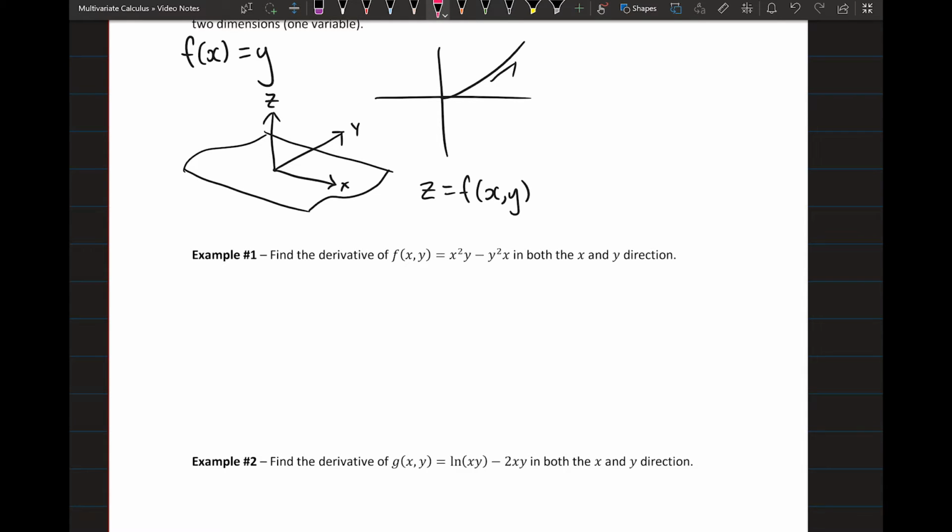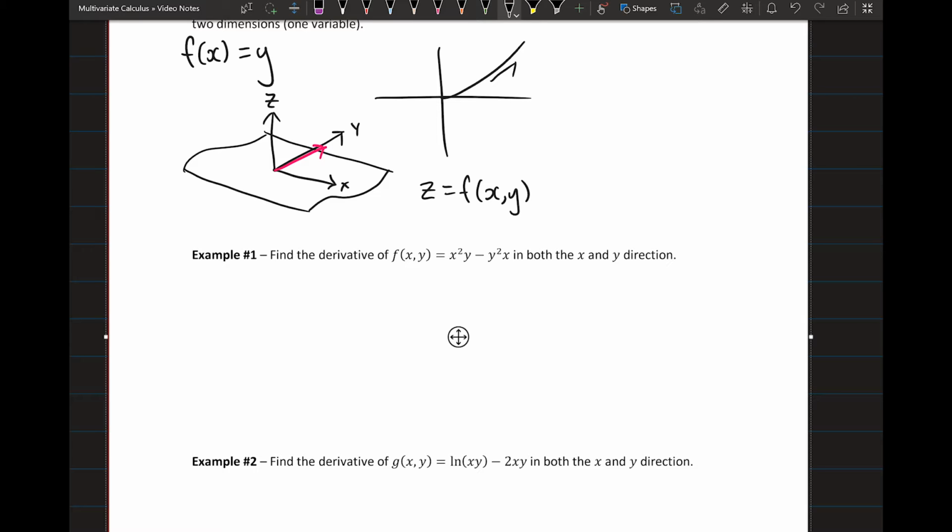So let's say I was interested in looking at the partial derivative, the rate of change in the direction of y. All we would have to do is restrict ourselves to the y direction. So what does this mean? Well, we have a choice of values for x. What do I mean by this?